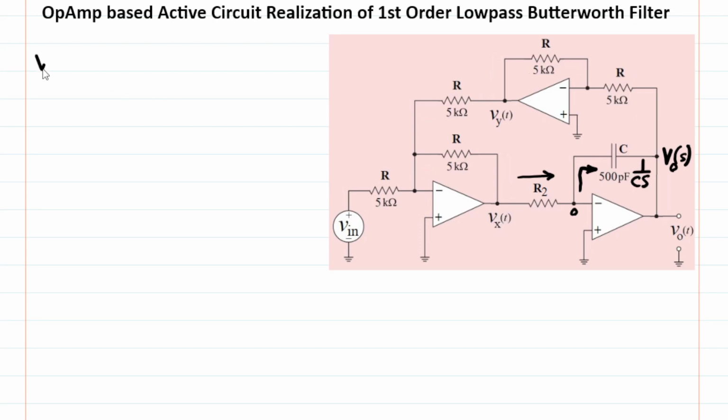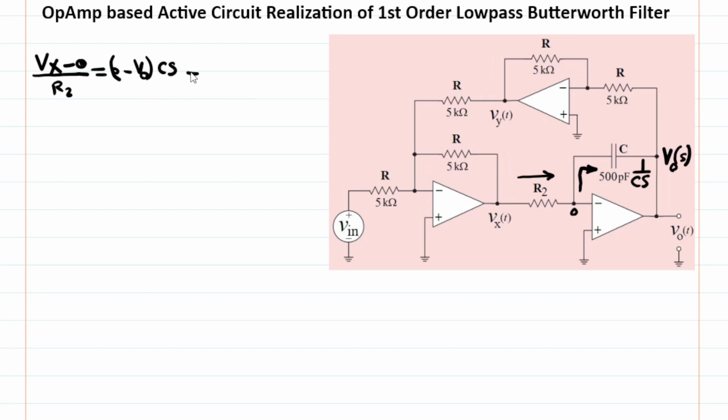So we can say Vx minus 0, that's the voltage at this node, divided by R2, is equal to 0 minus Vout divided by 1 over Cs, which is 0 minus Vout as a function of s, times Cs.